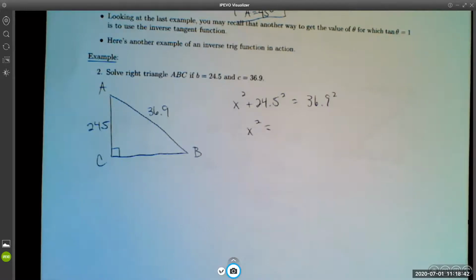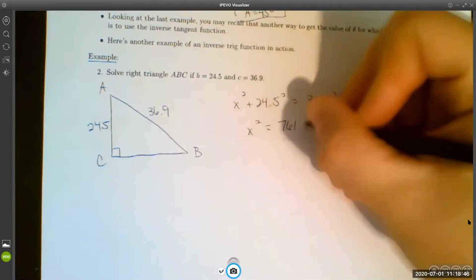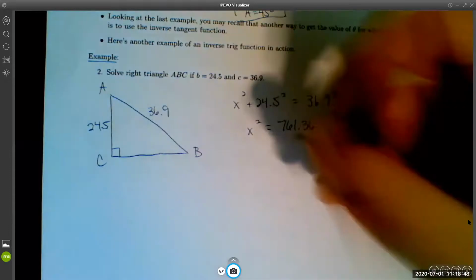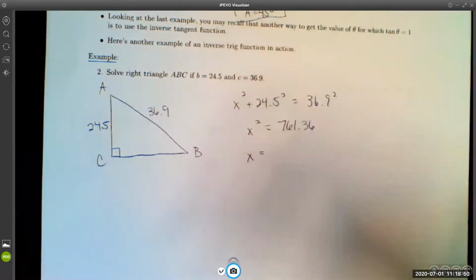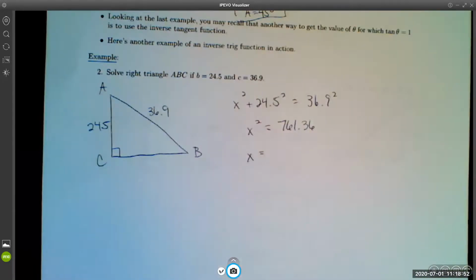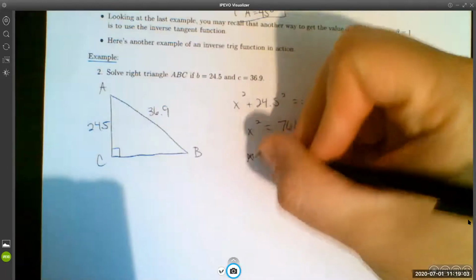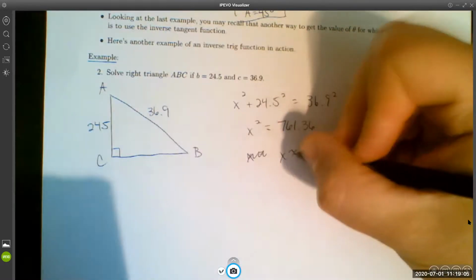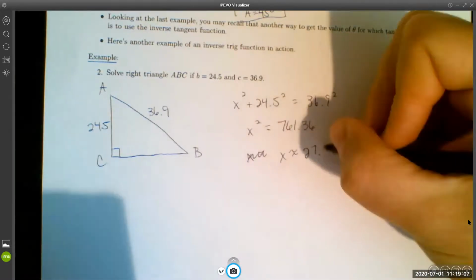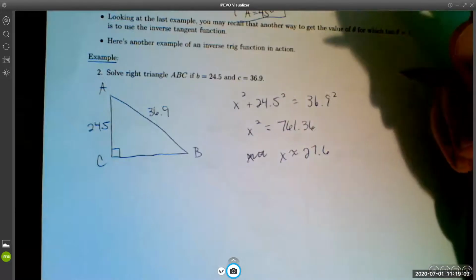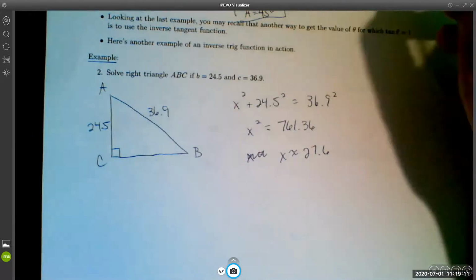That comes out to 761.36. Then I'm going to take the square root. And that's a nasty number, so I'm just going to round. I'm going to say x is approximately 27.6.